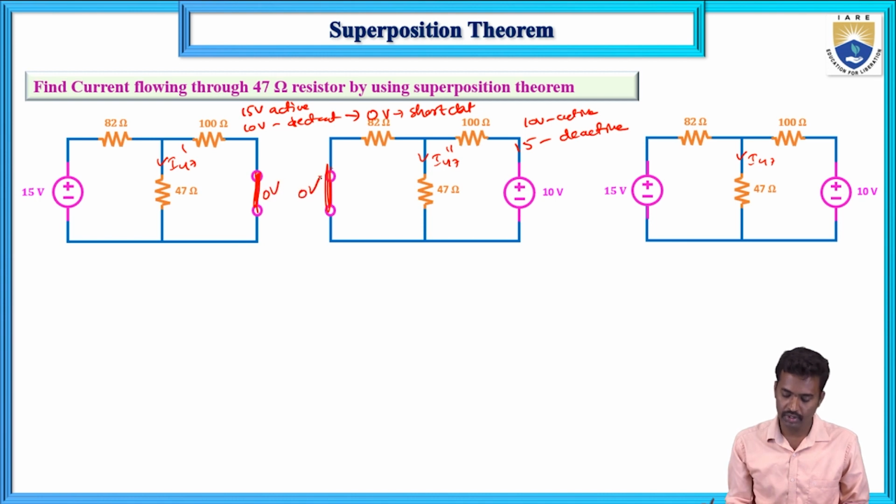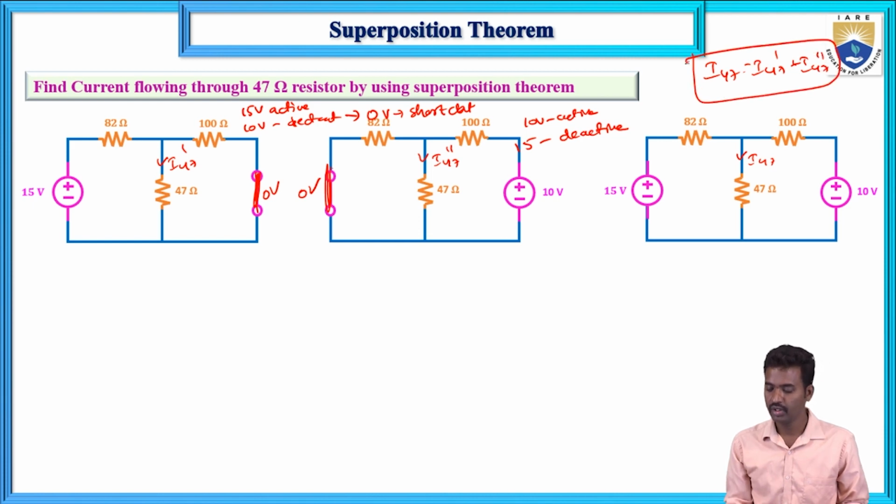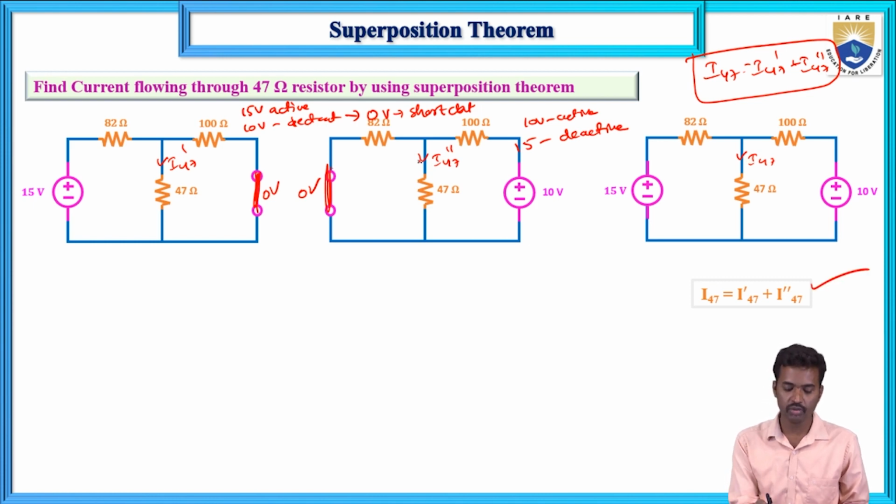This is 10 volts and this one is 10 volts. Now I-47 equals I-47 dash plus I-47 double dash. It should be verified by applying KVL. So the total response equals the sum of the individual responses.